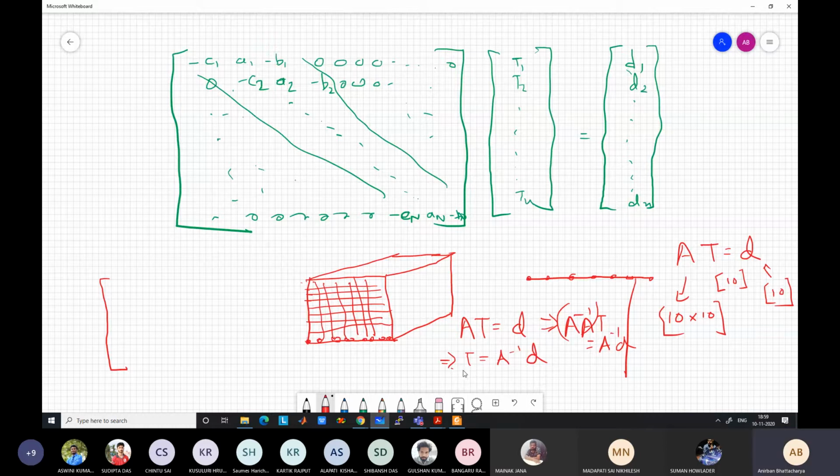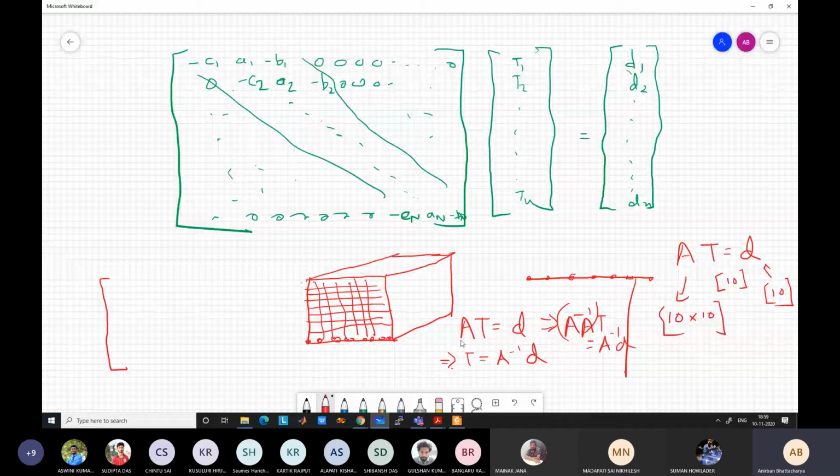Now this coefficient matrix A is a matrix of the size of 1000 by 1000, and these are also of the size of 1000.